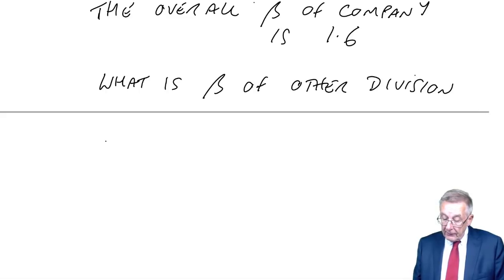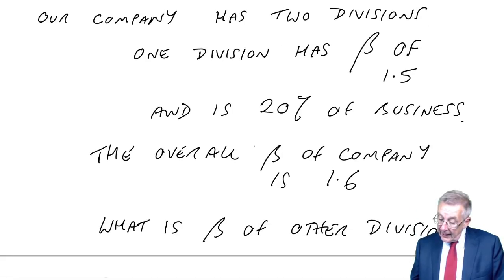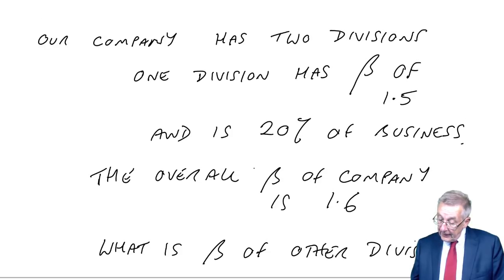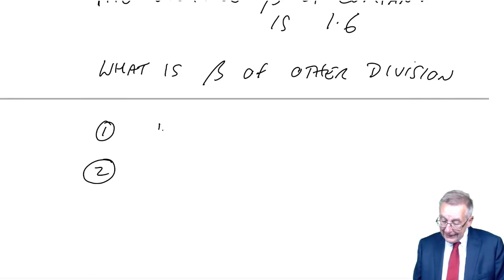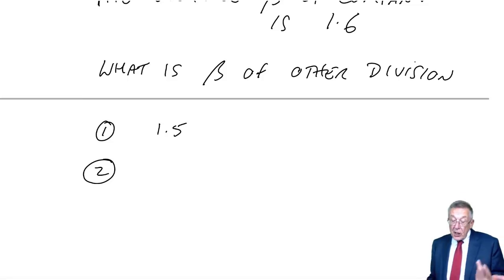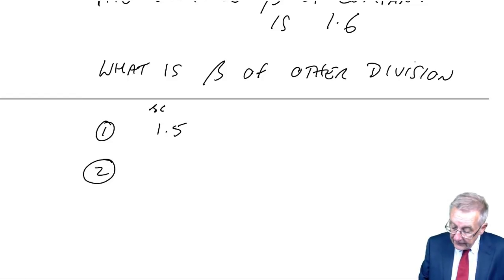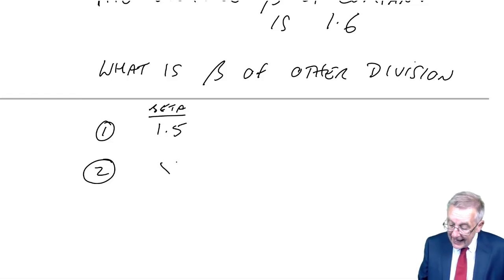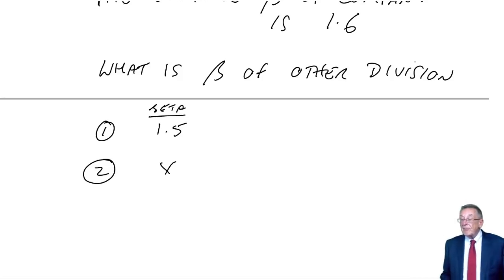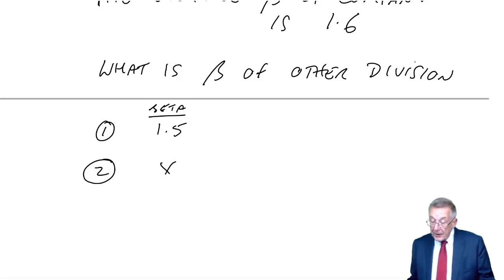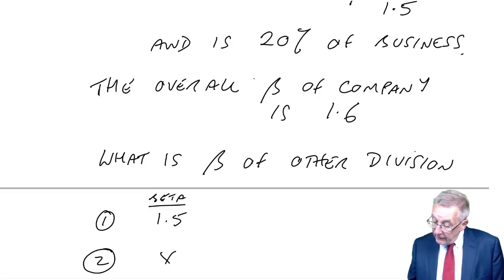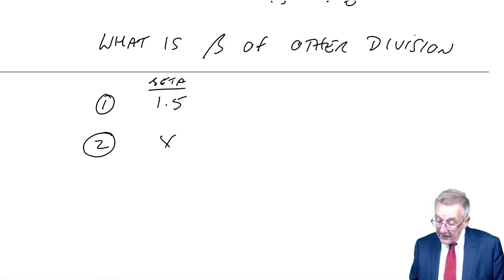We have two divisions, Division 1, Division 2. The beta of the one we know is, I've lost it, 1.5. The other one, I don't know what the beta is. That's what we're trying to find out. I'll call it X. The overall beta would be the weighted average. So the first division is 20% of the business.